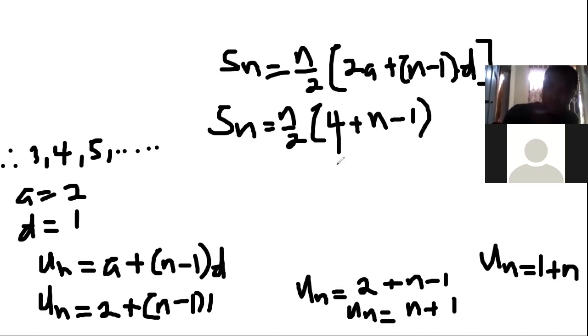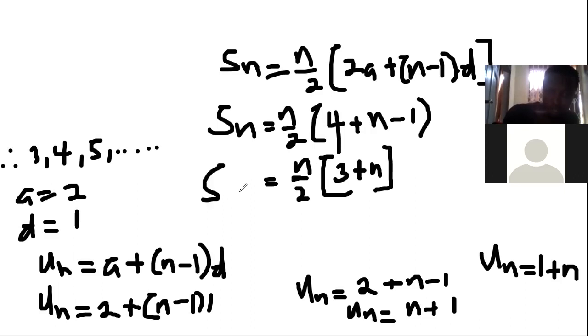So here will be 3 plus n, all over 2. So the expression for the sum of n terms, this is the expression. Do you get it now? Yes, sir.